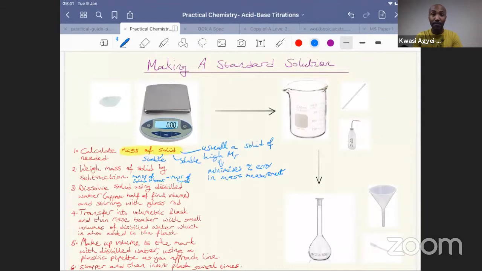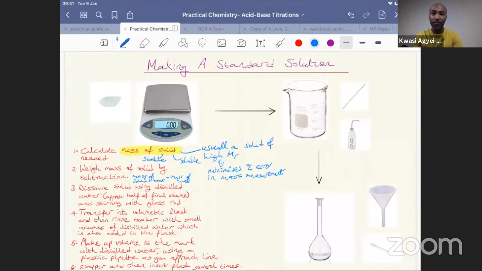The reason being that if you find that your solid isn't as soluble in water as you thought, then it's going to require more than the maximum volume that you thought would be required to make your standard solution, and that therefore changes the concentration. So you want to make sure that we're going to be using the exact maximum volume that we've calculated to obtain the correct concentration for our standard.